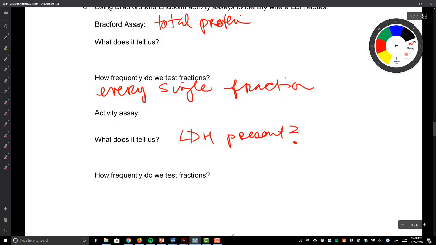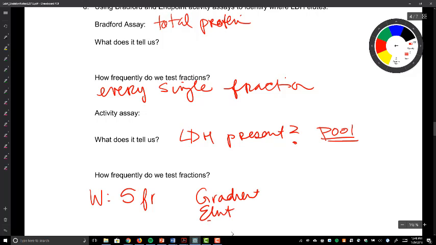It's also going to help tell us which fractions to pool, so combine together and use for the next step. For the wash, we're going to be testing every 5 fractions. And then for the gradient or the elution or the salt, we're going to be testing every 3 fractions.